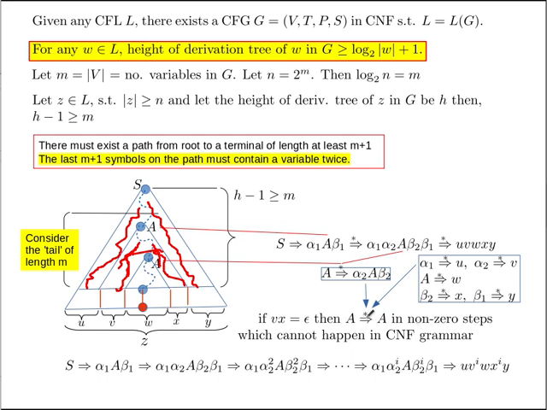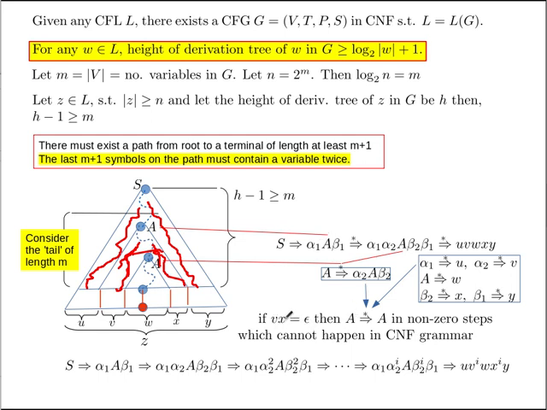That means we have to have a unit production, which is not present in Chomsky normal form. You just go back to the Chomsky normal form, and you see that we took a lot of pain in order to remove this unit production and the epsilon production. In fact there is no epsilon production, so we don't even need this argument. We can readily say that this cannot happen, but for that we need to argue anyway.